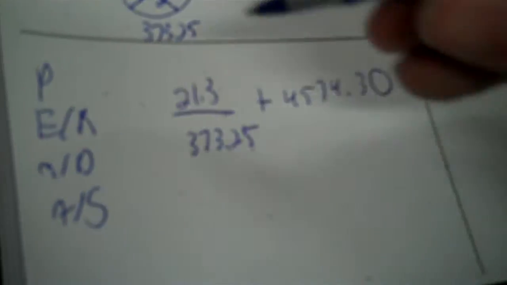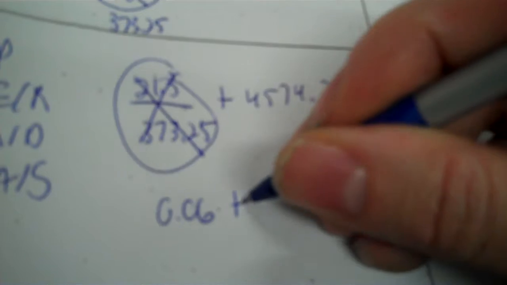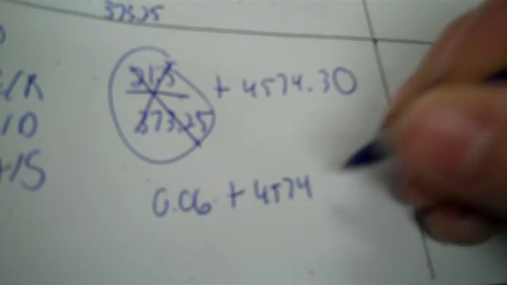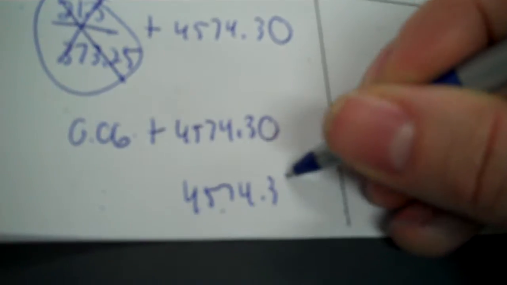Okay, exponents are gone. Now you've got divide and plus. You're going to need to divide first. So when I divide that, I get 0.06 plus 4574.30. I add those and I come up with 4,574.36.